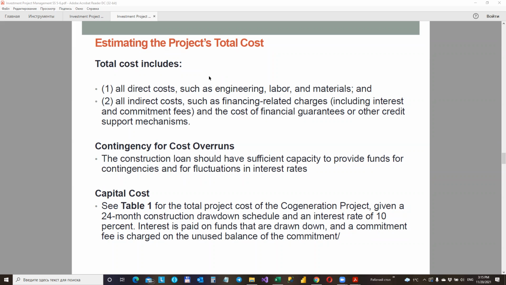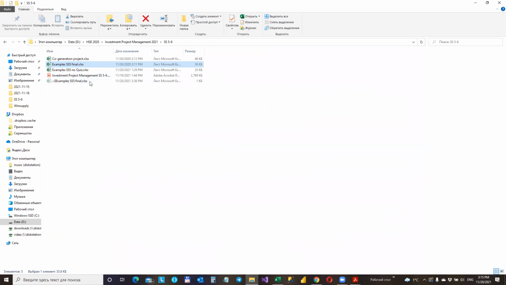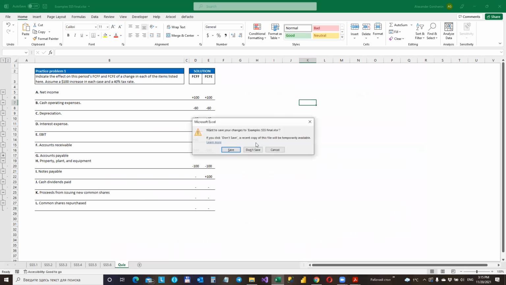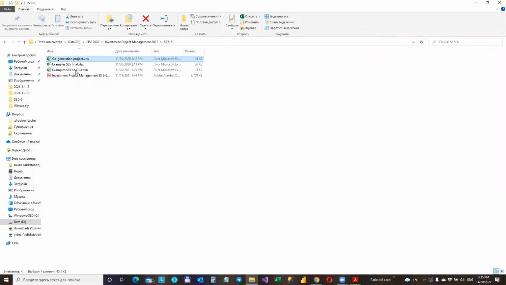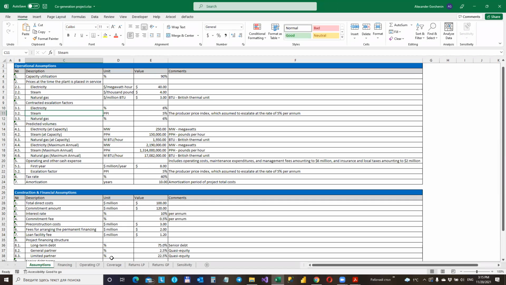Now we will go to the description of the capital costs, and I will switch here to the Excel model. I will also send this Excel model to you along with the slides.